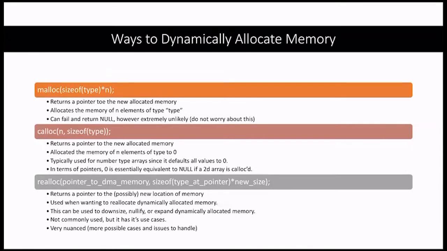Then there's calloc. Calloc is another function used for dynamic memory allocation, and it's a little bit different than malloc. A good way to remember it is, since calloc starts with C, it takes first the count of elements. So C for count, C for calloc. It takes in the count of elements, and then as a second parameter, it takes in the size of whatever type.